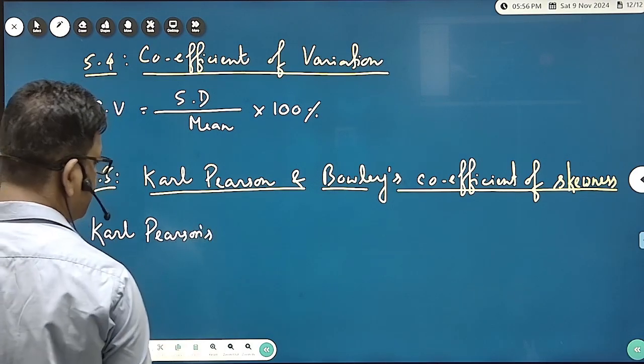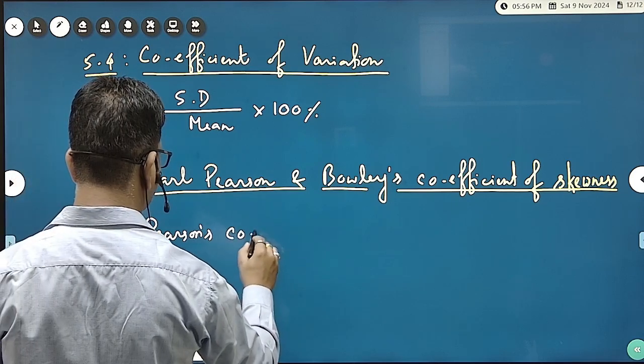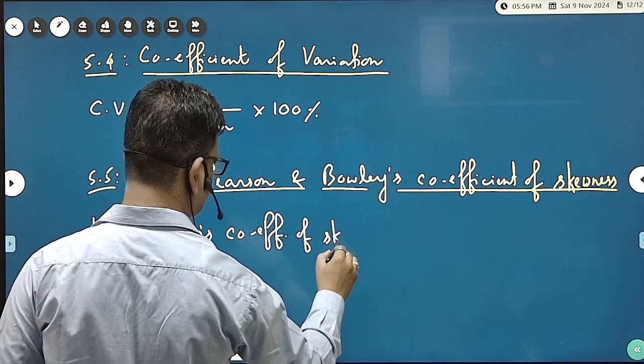So this is Karl Pearson's coefficient of skewness.